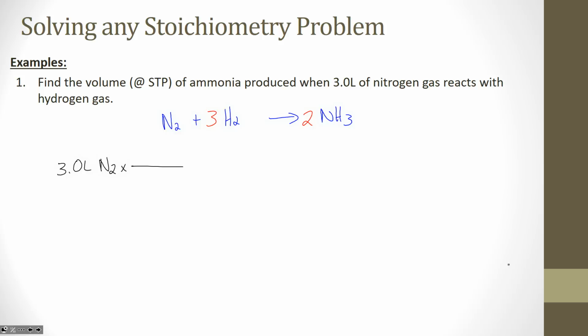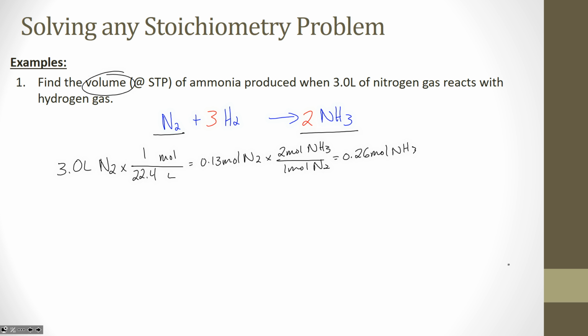I'll get rid of liters and put moles in its place. We know that 1 mole of any gas is 22.4 liters, so we get 0.13 moles of N2. Now we have this chemical and we're trying to find this one. The ratio is 2 moles of NH3 for every 1 mole of N2, so that will end up being 0.26 moles of ammonia.